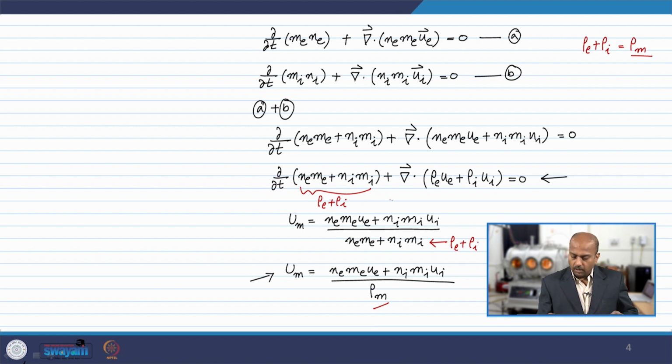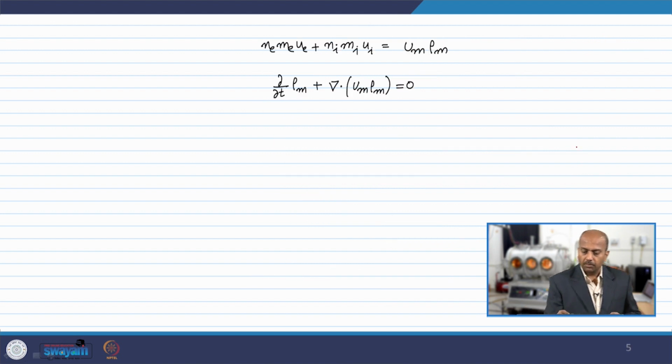So this becomes rho m here, and all of this is multiplied by the denominator, right. So this becomes ∂/∂t of rho m plus del dot (rho m U) is equals to 0. So U is the fluid's mass velocity, rho m is the density. So we still have the same form. The form hasn't actually changed much. But what we have done is, instead of using two equations, we now have only one continuity equation.